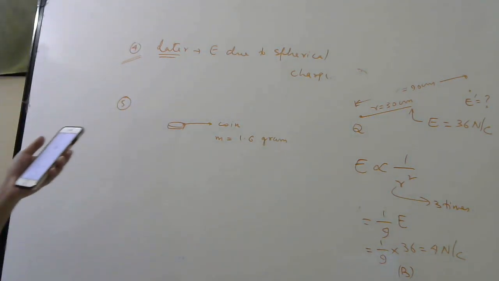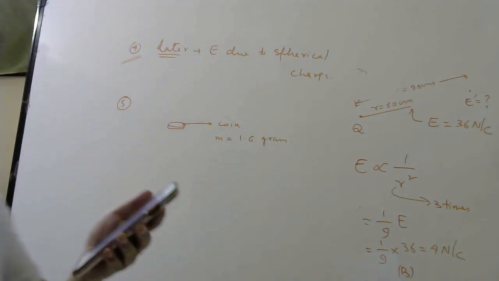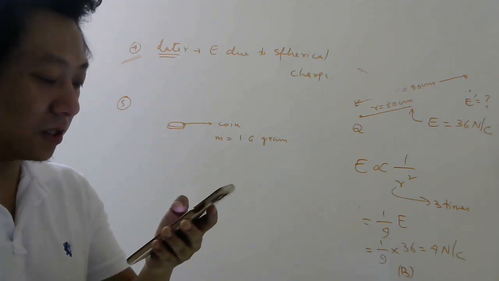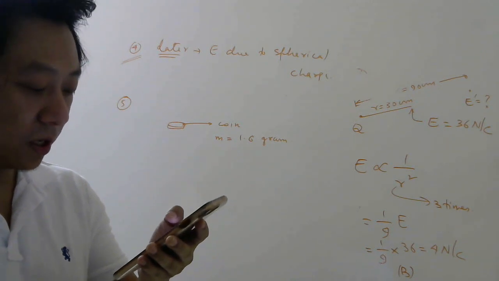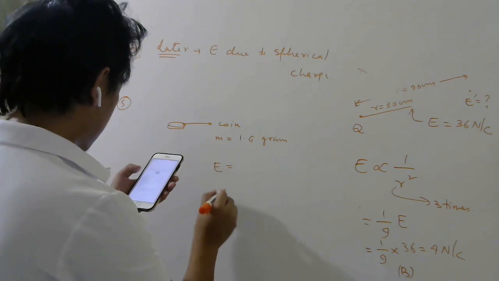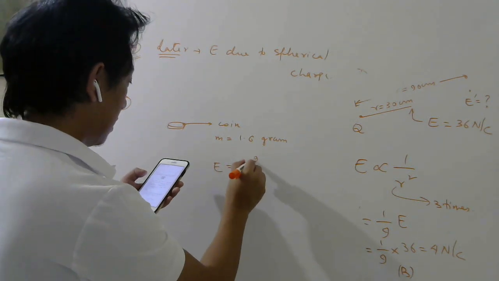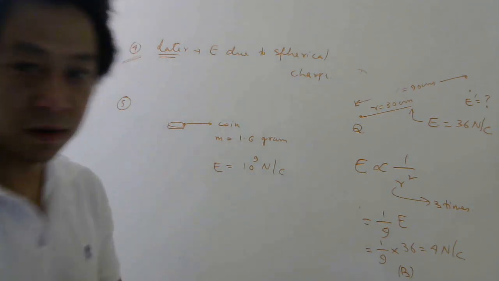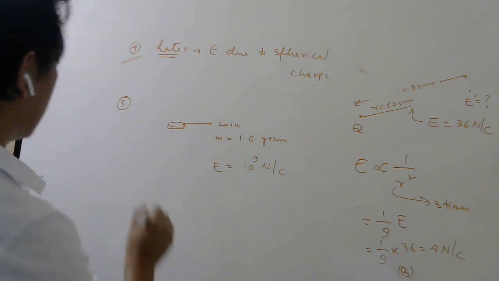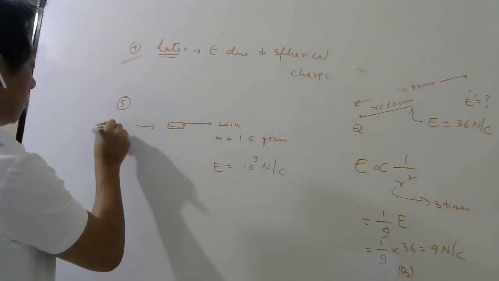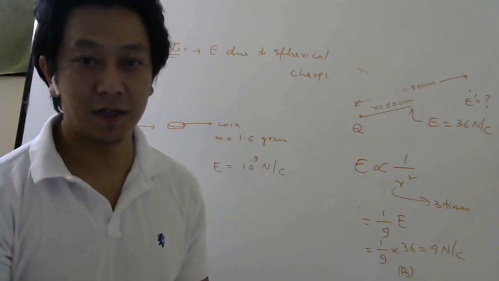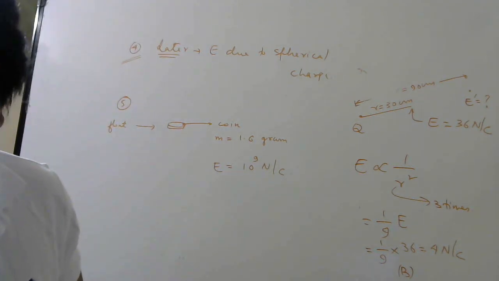So they are asking how many electrons should be removed from this coin so that it may just float in an electric field, and the value of the electric field is given, 10 to the power 9 Newton per coulomb. So here this coin has mass and they want the coin to float. Usually you know, if you keep a coin in space, it falls down. But you want this coin to float.